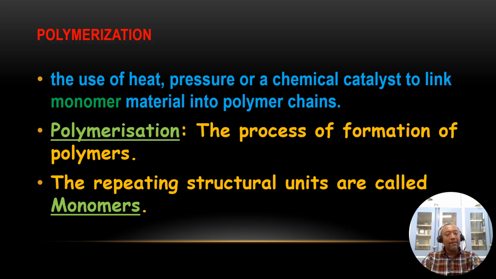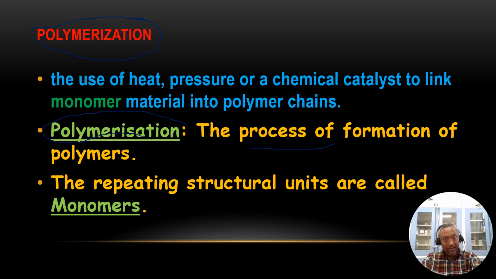So after knowing monomer, a single unit which is the building block of a polymer, and polymer, a large molecule made up of monomers, again we need to define the term polymerization. How do you define this? Polymerization is the process of formation of polymers.